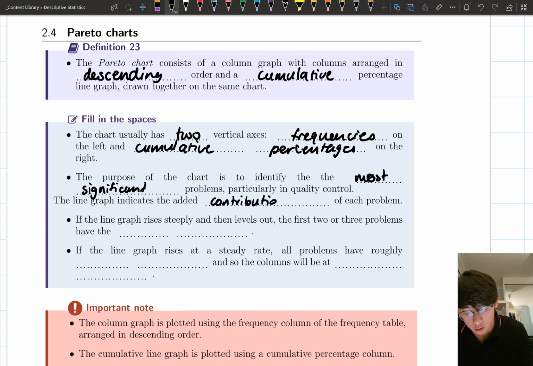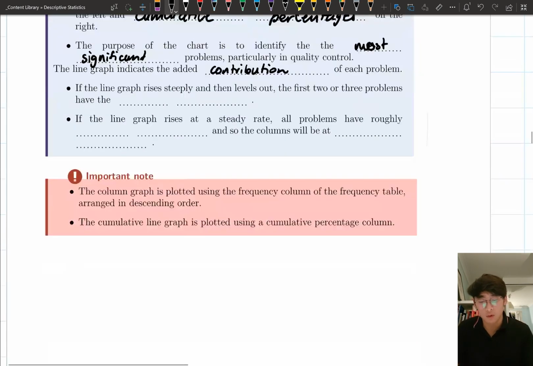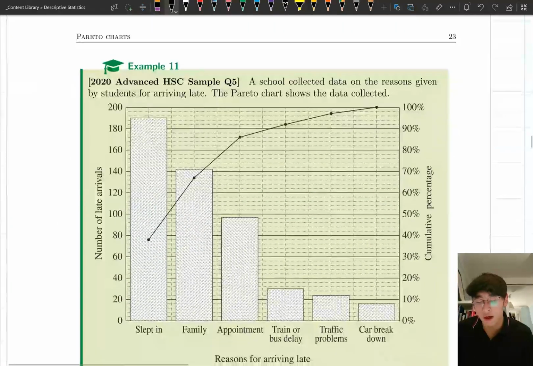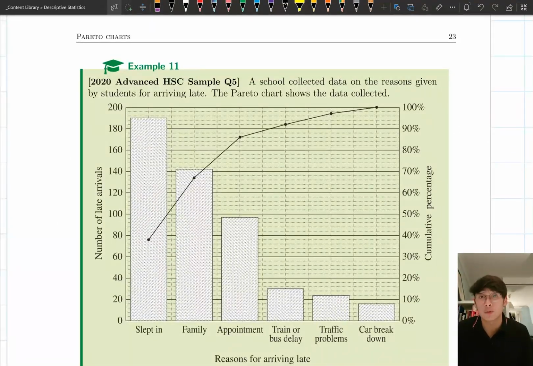The reason why these Pareto charts are used is because they're usually identifying particular problems, and we want to identify what the biggest weaknesses are in a particular issue, particularly when looking at quality control. So here you want to see what percentage each one of these things contributes to the problems that they're looking at.